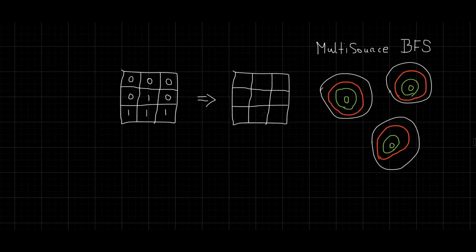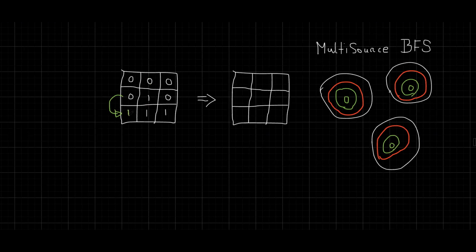Now let's see how we can solve this problem here. We have to find the nearest distance of a cell which is equal to 0 for each of the cells. Can we think of it in reverse? The distance between 0 and 1 is equal to the distance between 1 and 0, right? So here we can think of it in a reverse way. Suppose for this cell 0, what is the distance to this cell here?